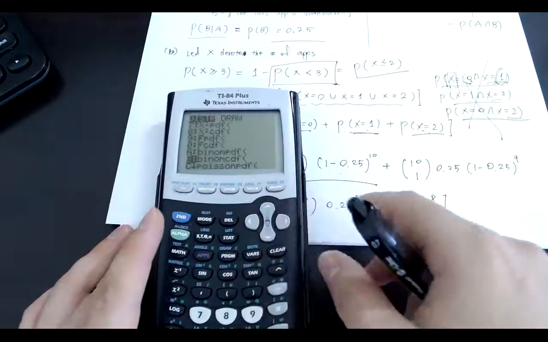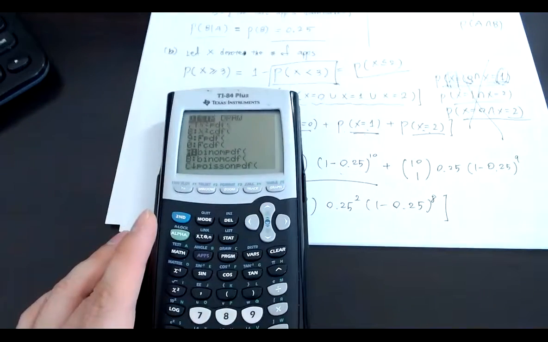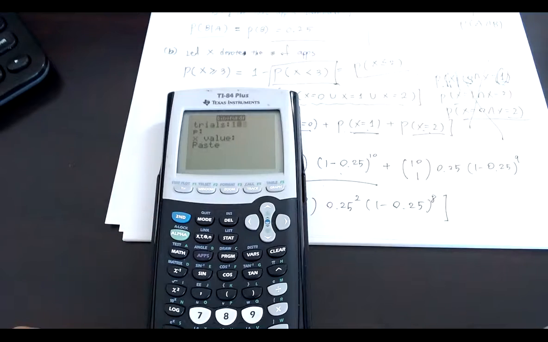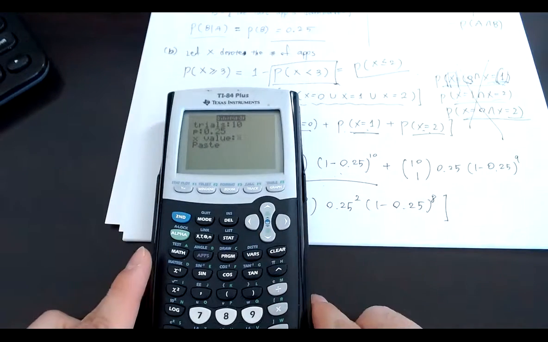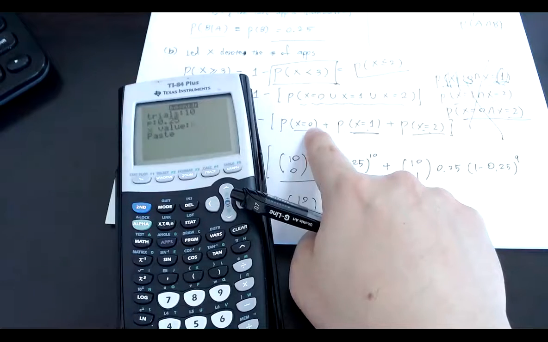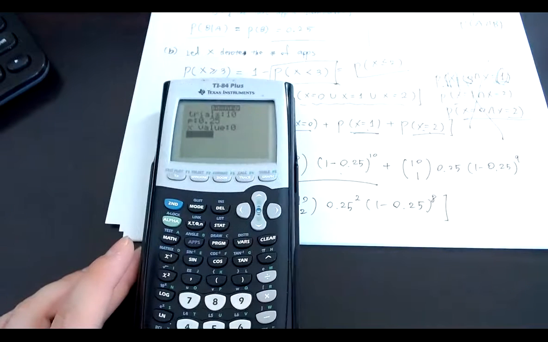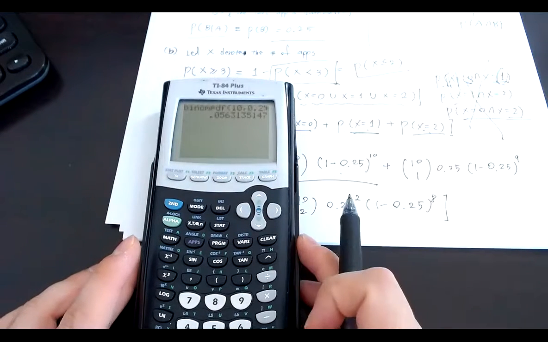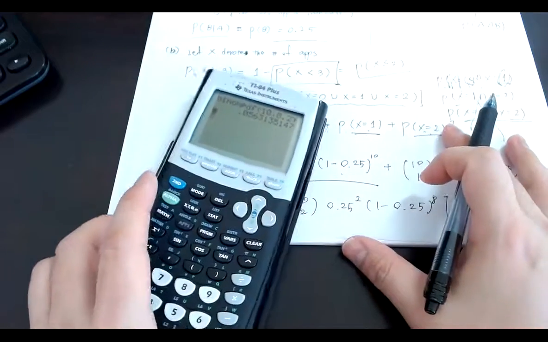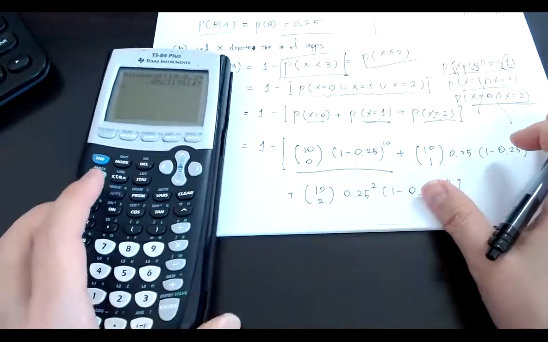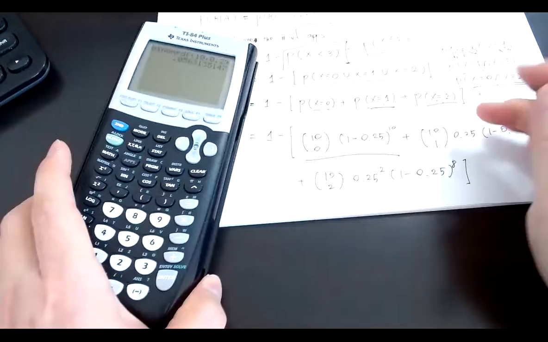Using the binomial PDF, trials is 10, probability 0.25, and the x value, in this case, is 0. Paste. So we got 0.056313, right?